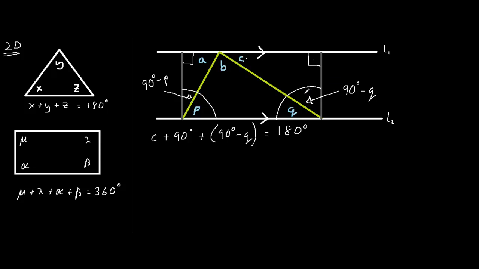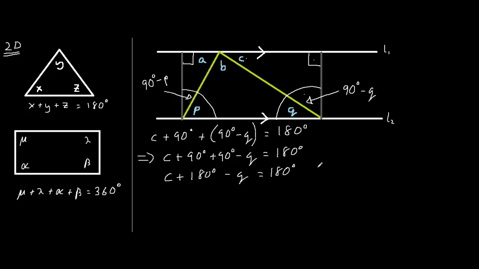So this is 90 degrees minus Q. From here, we can write down C plus 90 degrees plus 90 degrees minus Q is 180 degrees, which is C plus 180 degrees minus Q is 180 degrees. If we send this positive 180 degrees to the right hand side, 180 degrees minus 180 degrees is 0. So we get C minus Q equals 0.